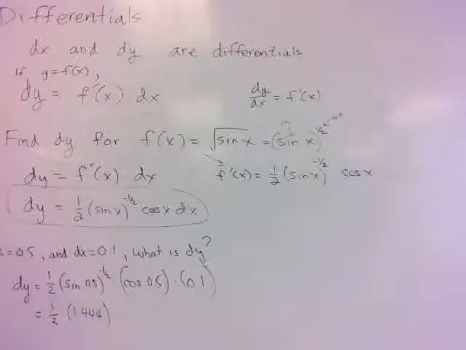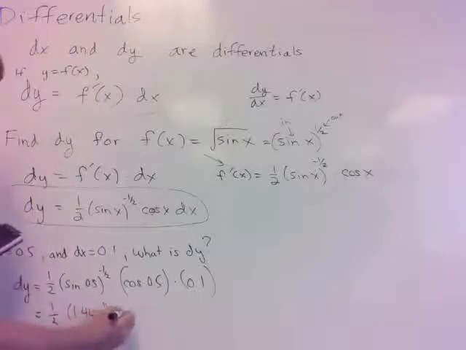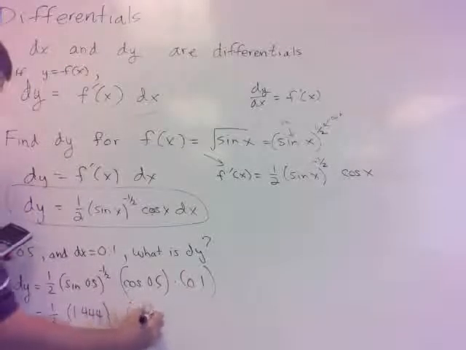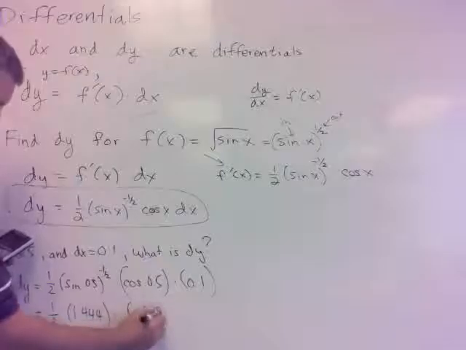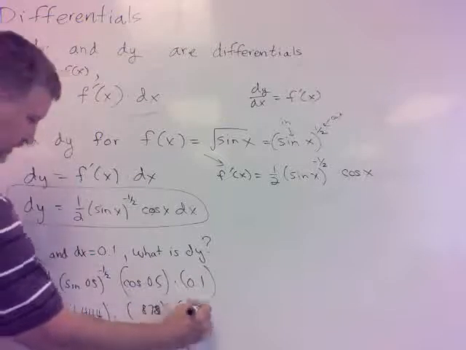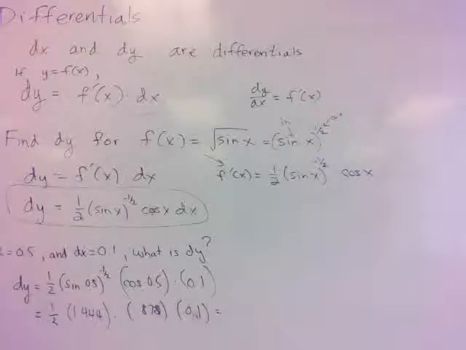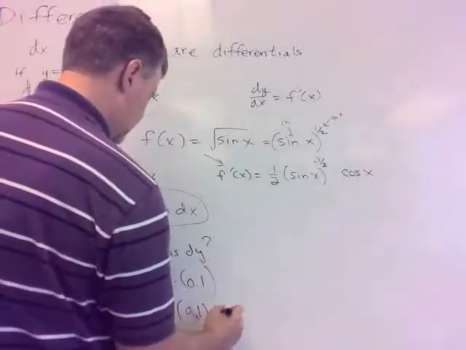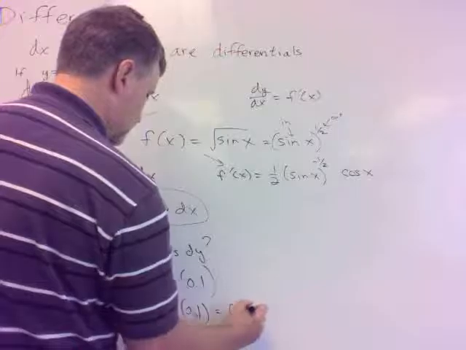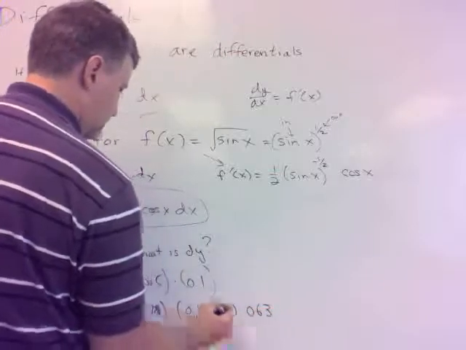Cosine of 0.5, 0.878, then times 0.1. So all that together, 1/2 times 1.444 times 0.878 times 0.1. 0.0063. Something like that. Okay.